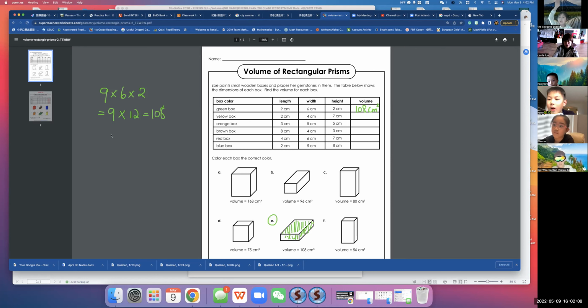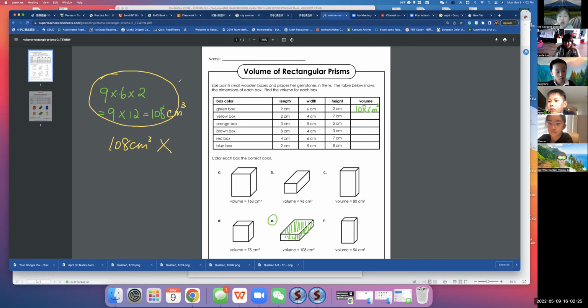Can you do the yellow box for us? Everybody, when you do this, I want to see all the working, not just the answer. It is not good to give just the answer. Eleanor, could you please tell me how to calculate the volume of the yellow box?